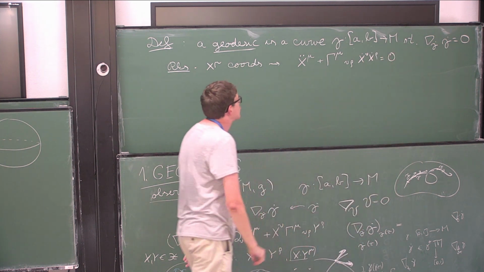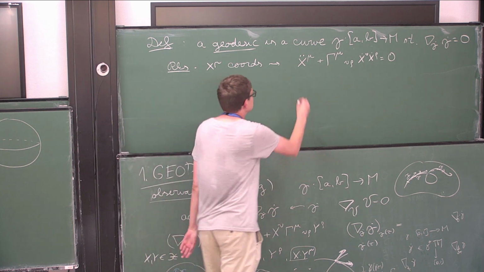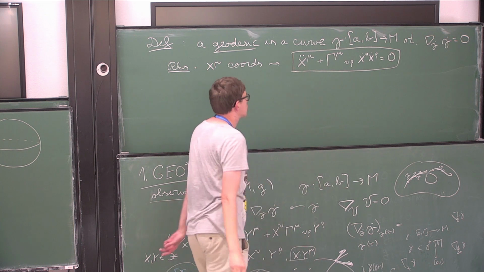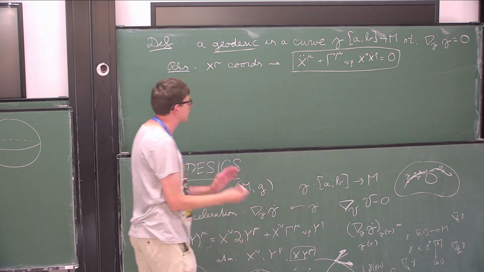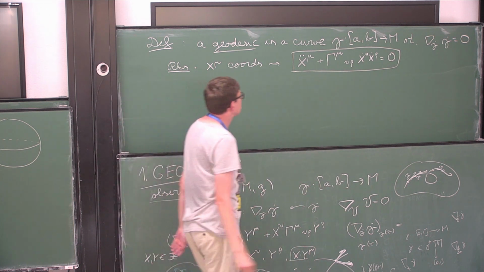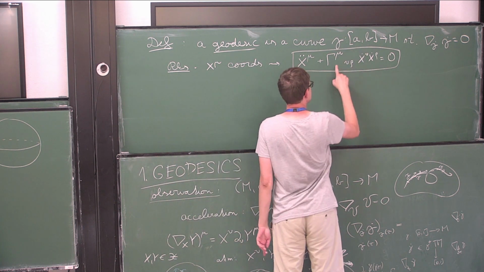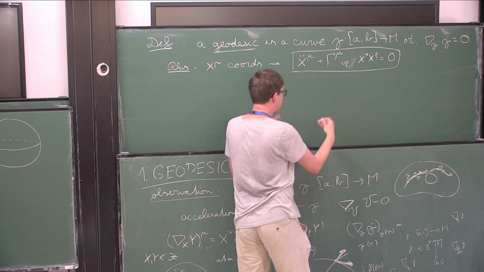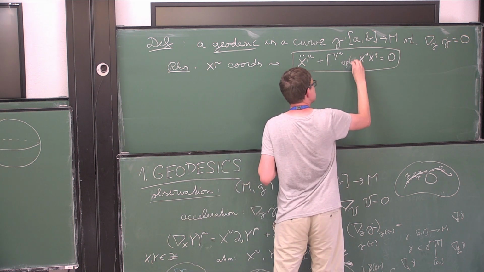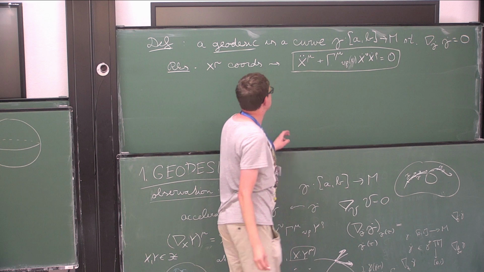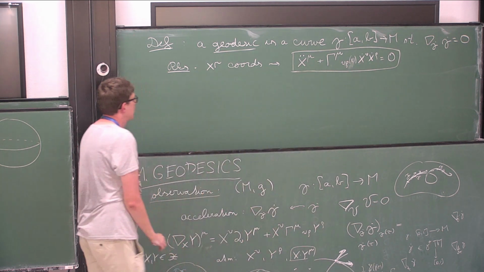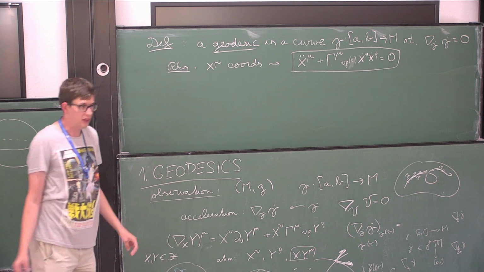So this is a set of ordinary differential equations, and you can argue that it has a solution at least for some short time. Also remember that these Christoffel symbols depend on where you are on the manifold, so they themselves depend on x. So x is hidden not just here, but also in here. Solutions to that equation are called geodesics.